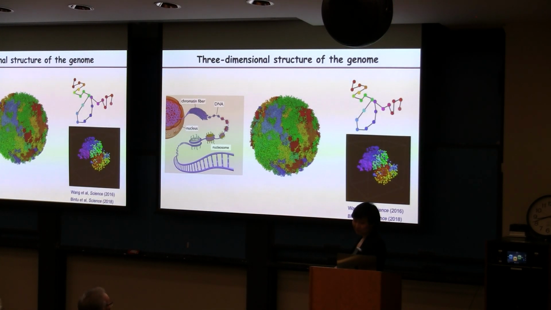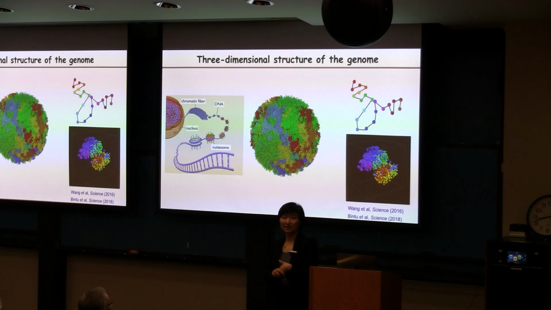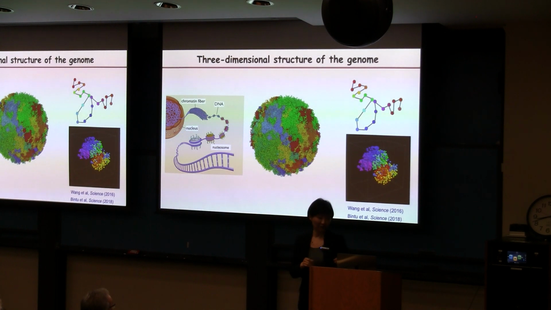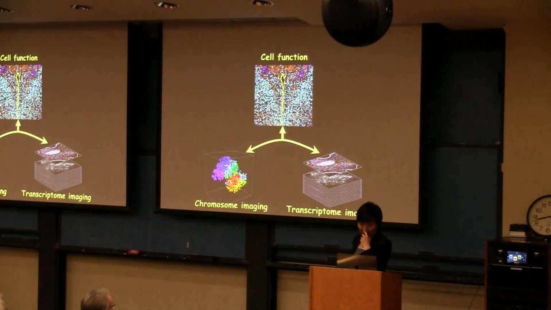So the multiplexed FISH approach that I just mentioned, you can imagine that if I do not just apply it to RNA, instead of using multiplexed FISH to identify different RNA species and localize where they are, I used it to identify different genomic loci to localize where they are. We can then trace out a precise 3-dimensional structure of the genome, which is also something that I plan to talk about tomorrow.